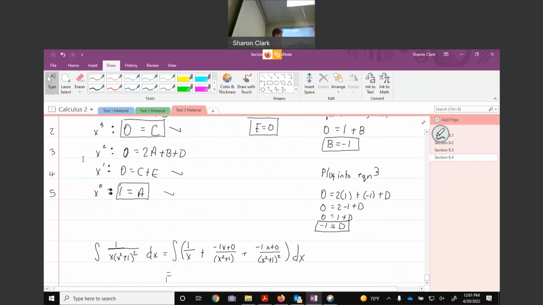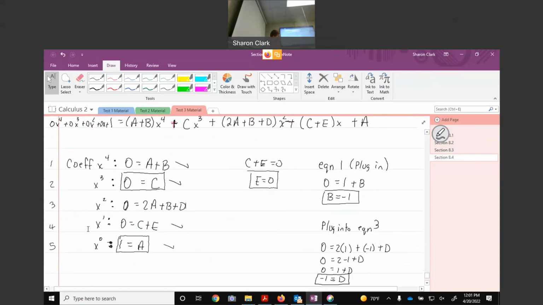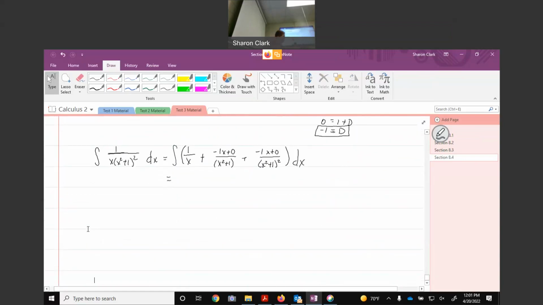So now let's integrate 1 over X. Let me separate them. So this is the integral of 1 over X dx minus the integral of X over X squared plus 1 dx minus the integral of X over X squared plus 1 squared dx.